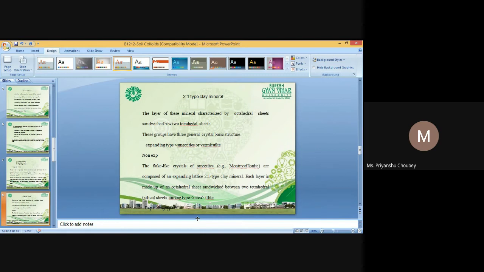Chemical composition presents the state of harmful chemicals or the availability of essential nutrients. So here is some terminology related to soil taxonomy.